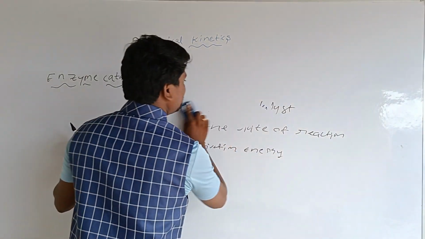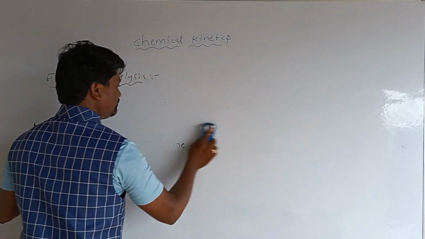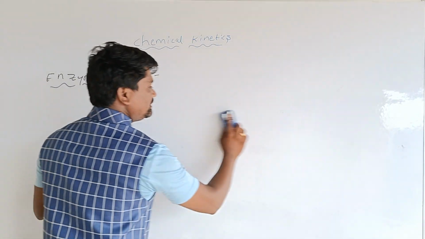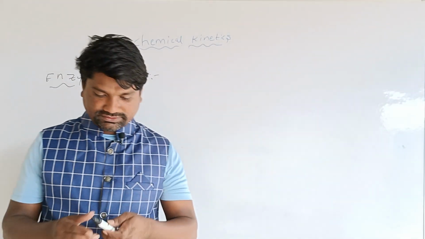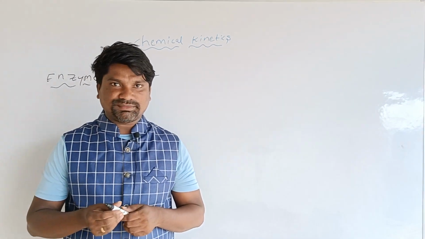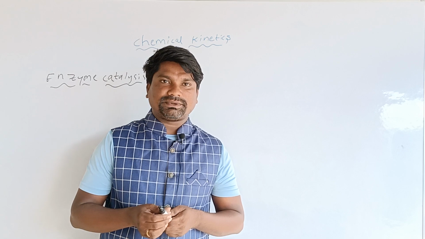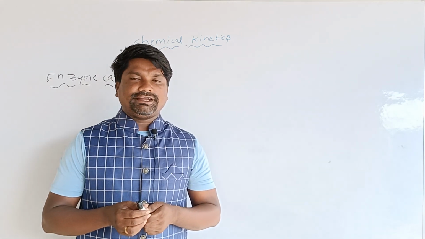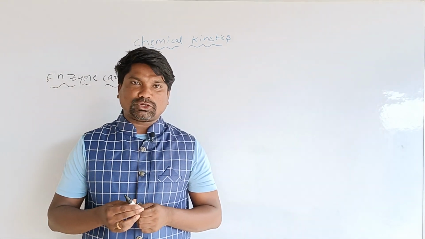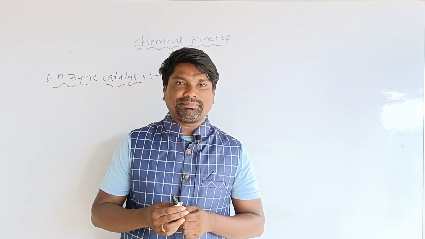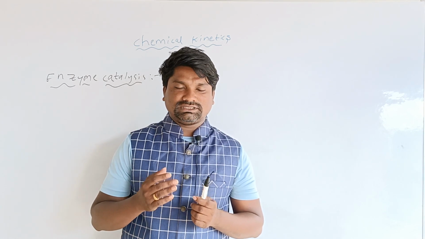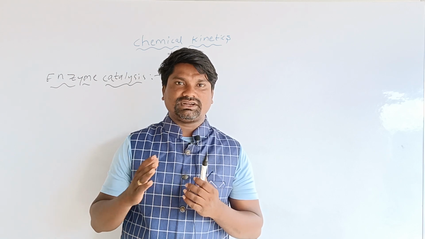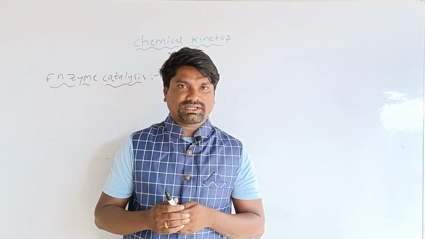What is the chemical equation present in enzyme catalysis? It is a two-step reaction. In one step, an intermediate is formed, and in the second step, the formed intermediate is converted into product.